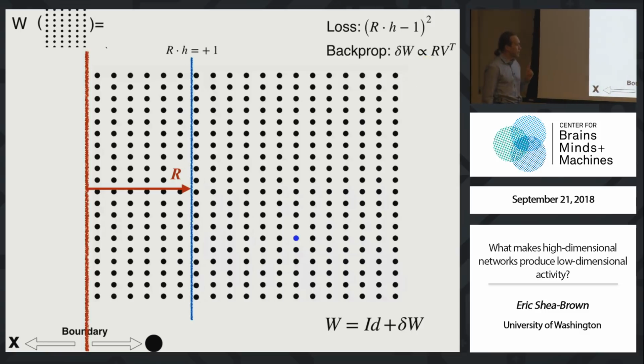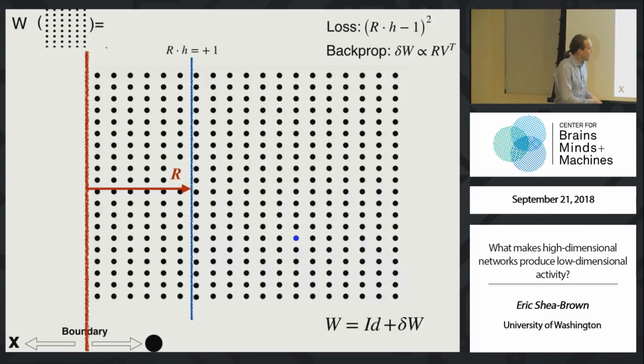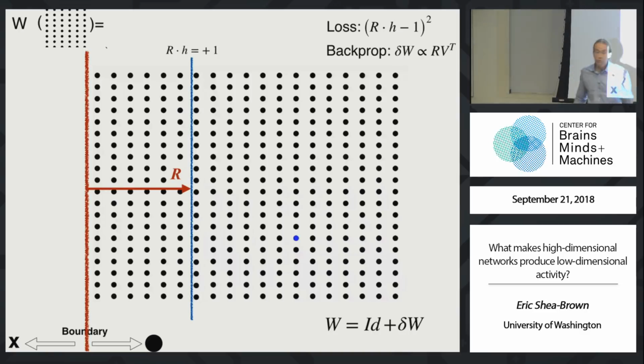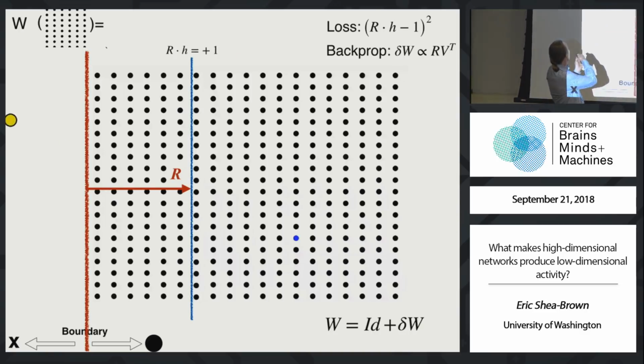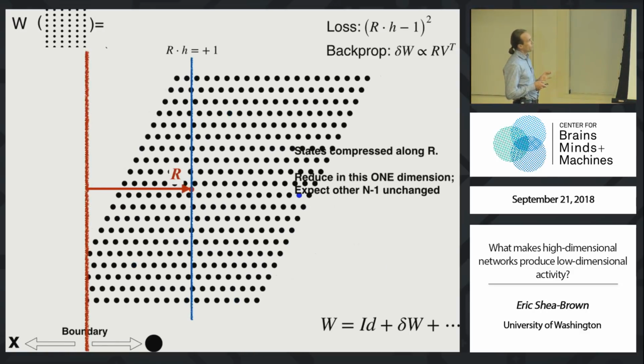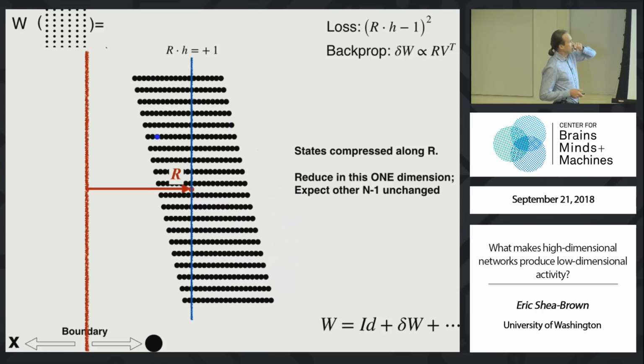The consequence of this is as follows. Any change that delta W, or any change to this learning rule can enact in terms of how it moves my input points can only point in the direction of R. Think about it. Take any point, project it onto a random vector. That gives you a scalar, and then multiply it by R. So all changes that result from backprop through time can only move around points in the direction of the readout vector.